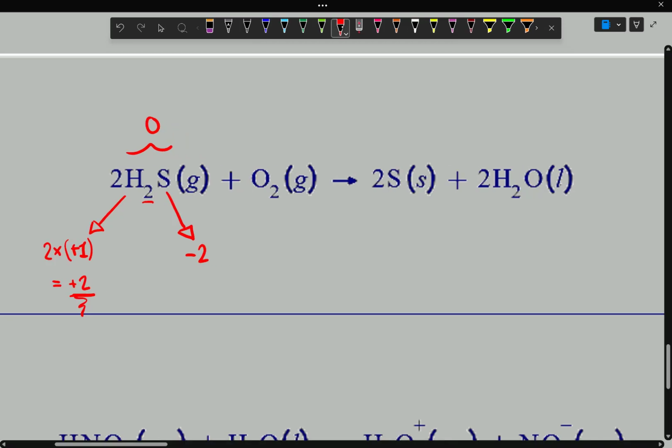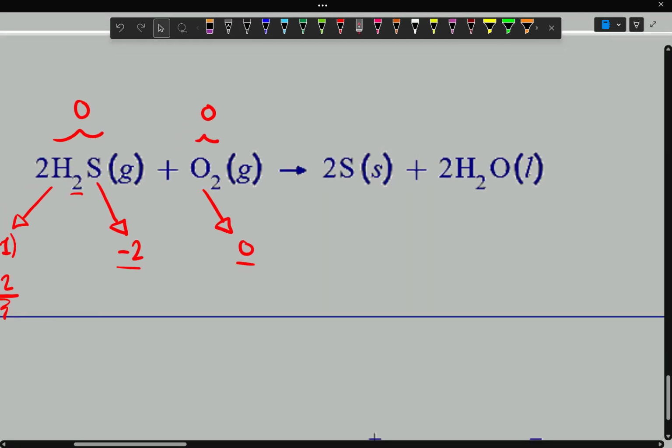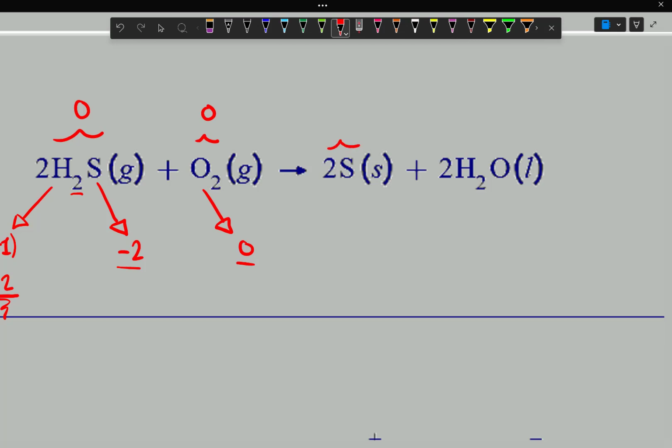The oxygen is on its own. It's in its elemental state. So the charge of the oxygen sitting by itself is just going to be 0. So we can write that down here, 0. On the right side of the equation, we have a lone sulfur.